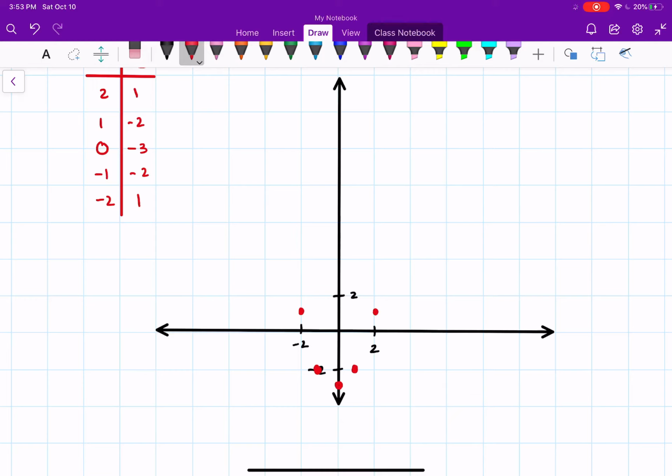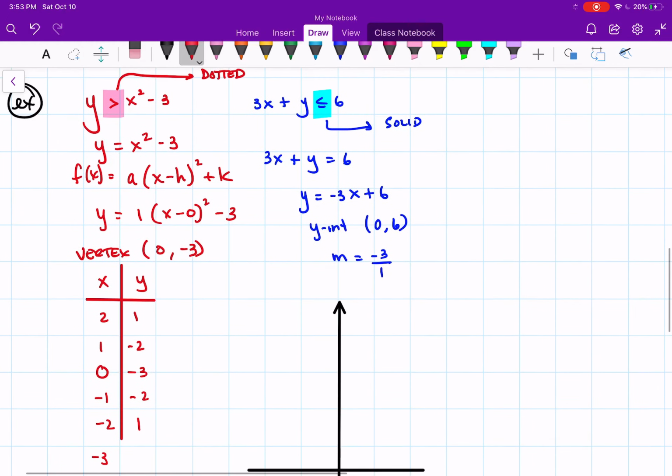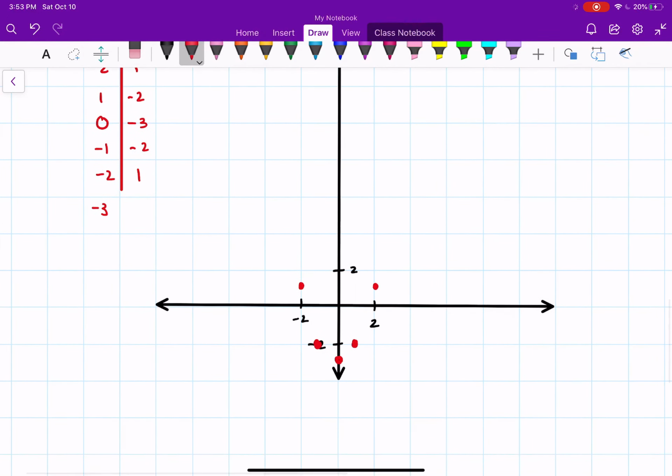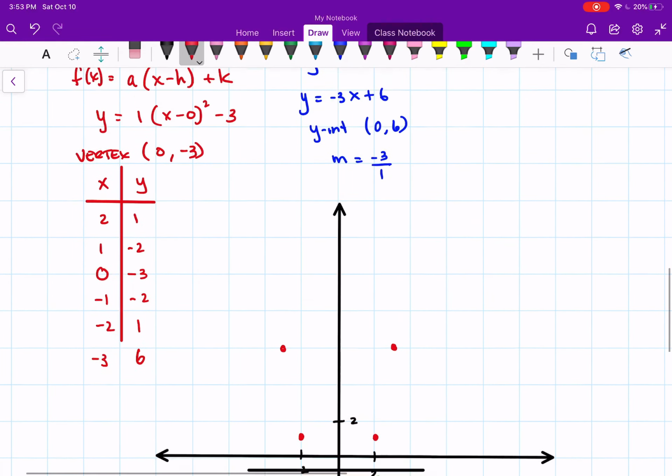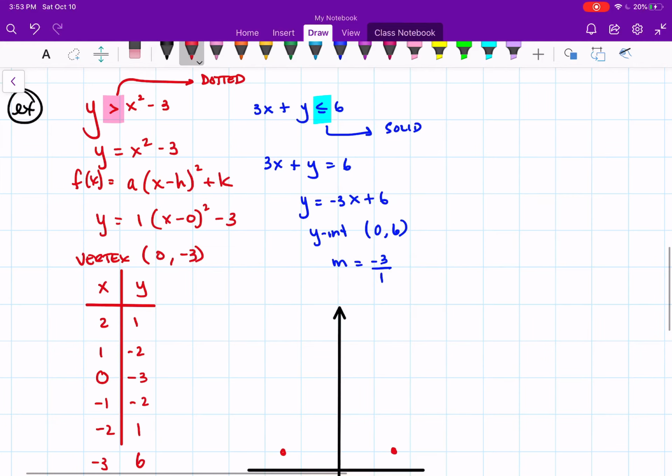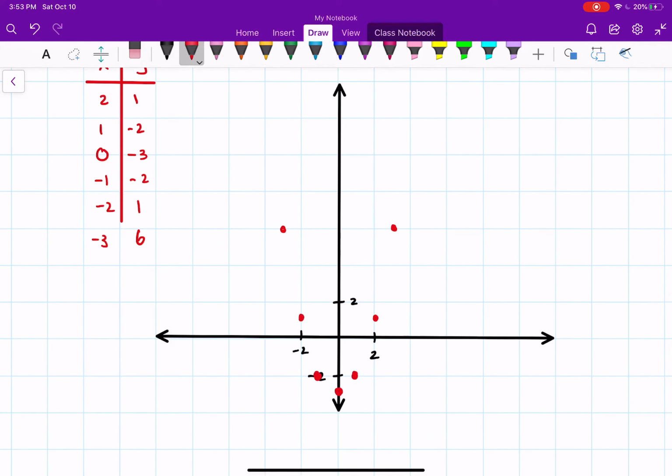Let me see here. Let's see what negative 3 gives me. Negative 3 squared is 9. 9 minus 3 will be 6. Okay. So let's go ahead and do this.